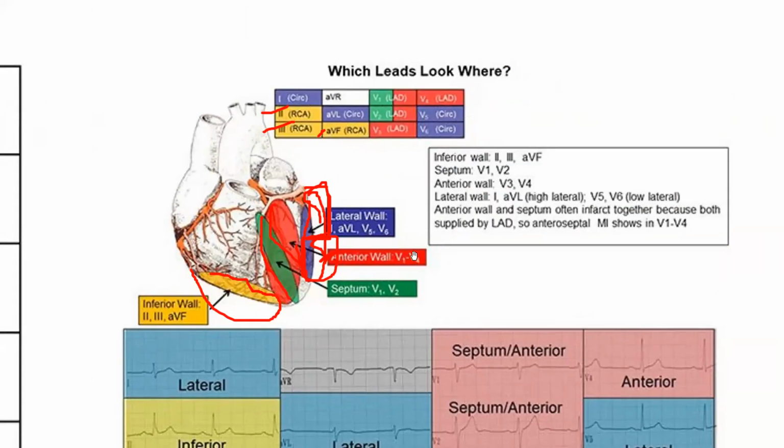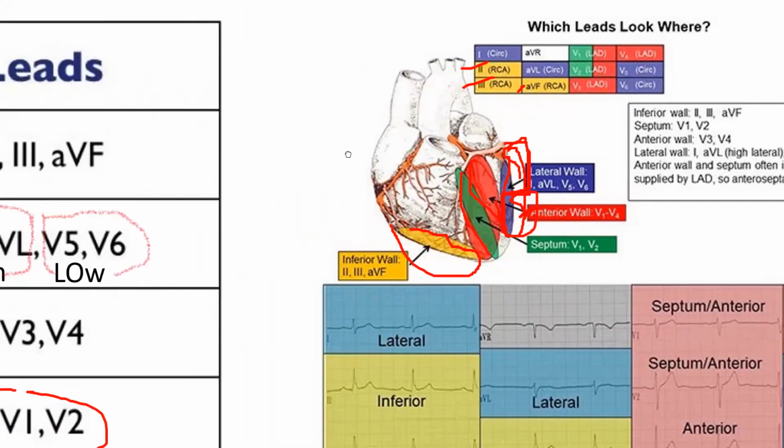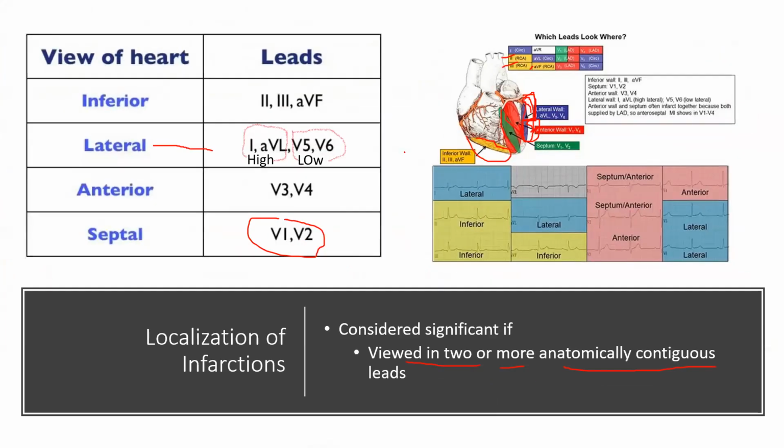Are there any questions as far as the leads are concerned? Before we leave this, I'd like for you to write this down, because in the exercises, we're going to ask you to identify which leads are going to be involved. So please just make note of these.